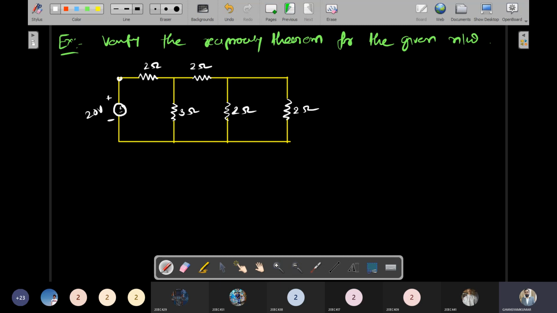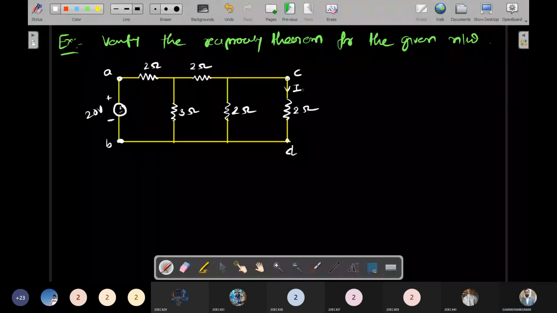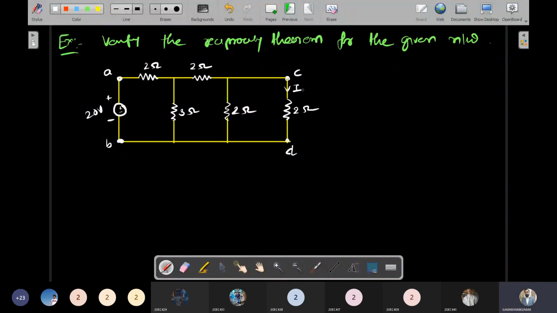Suppose across these two terminals, A and B, is the input side, and C and D terminals are the output side. The current flowing through this way, suppose that is I. Now we need to verify the reciprocity theorem for this given network. How will you check it?